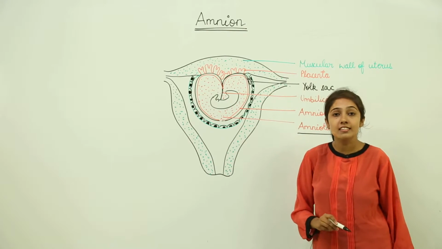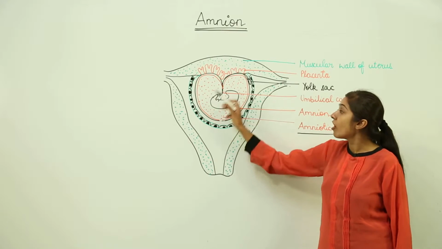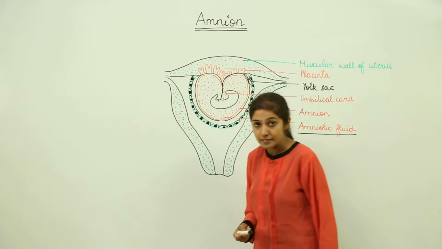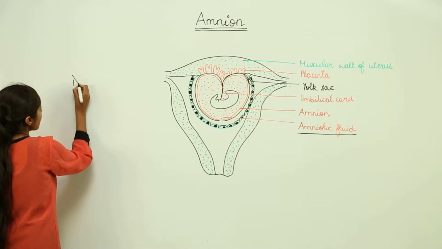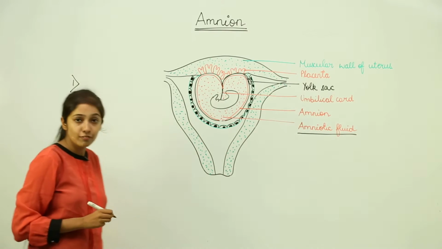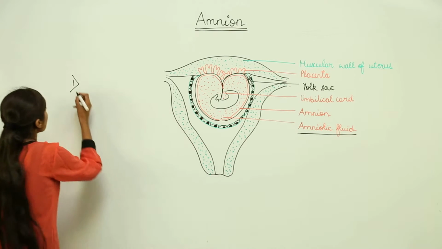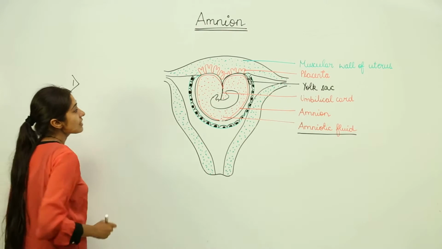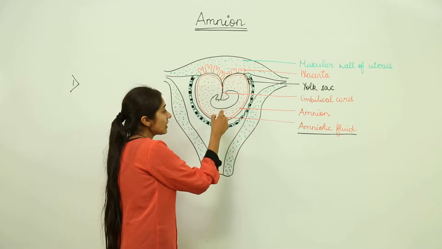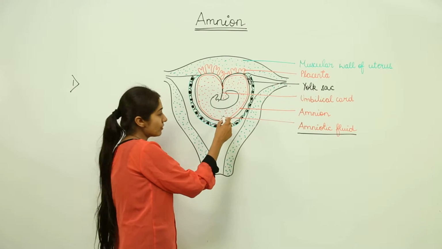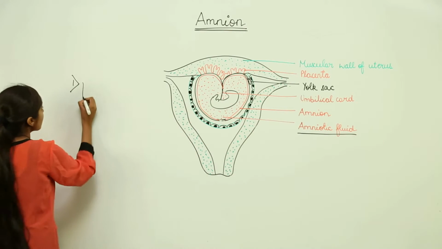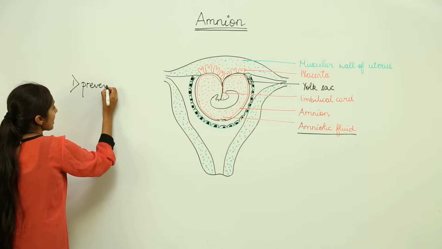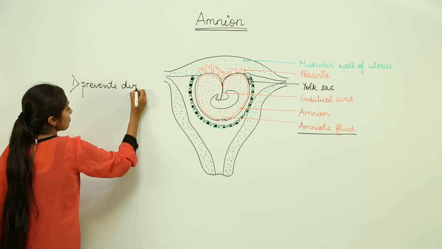Amnion is what? It is a sac which is developed before the development of even allantois, right. So just see what we have discussed. The first function of this amniotic fluid is that it is preventing the direct contact of the amnion, the sac lining, with the fetus. So it prevents direct contact.